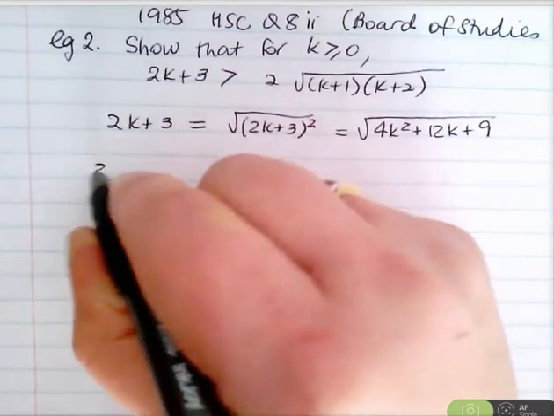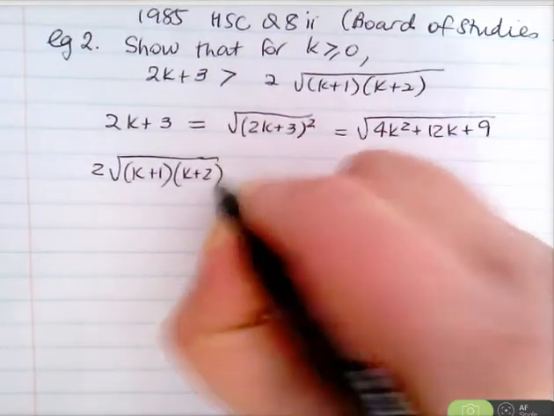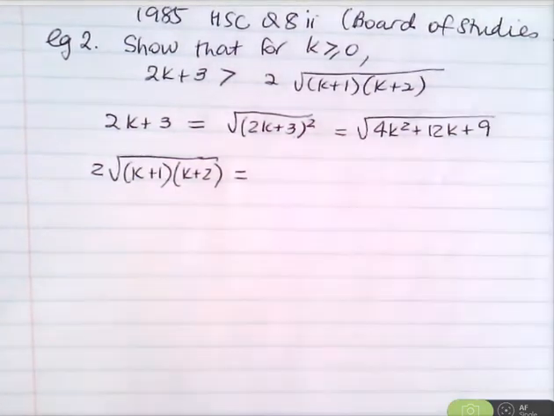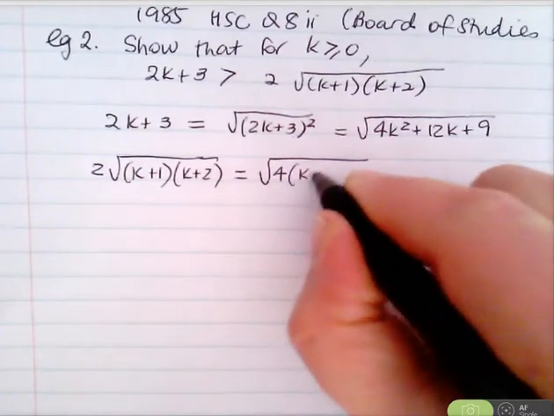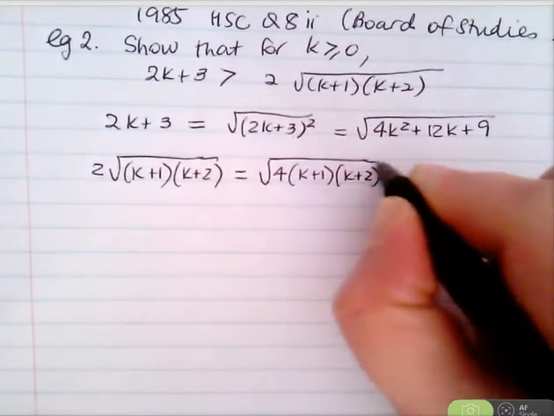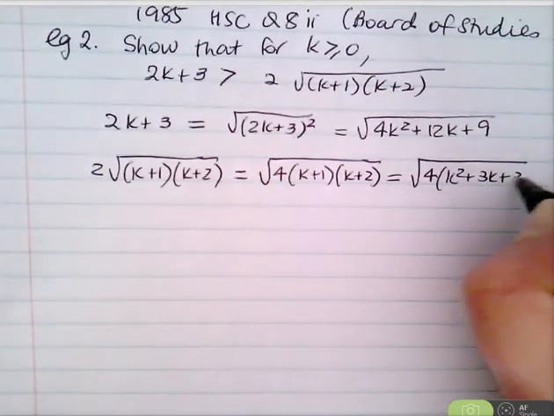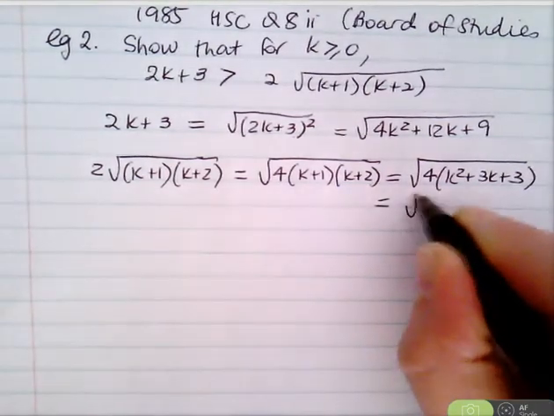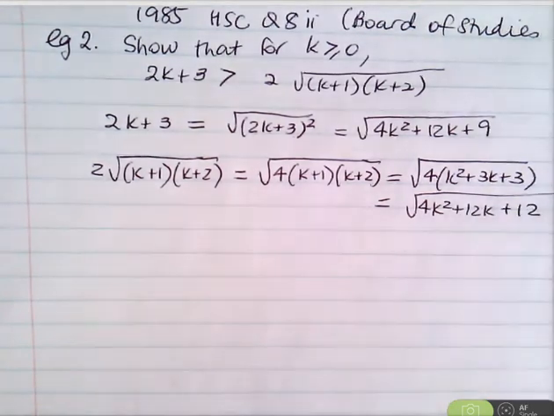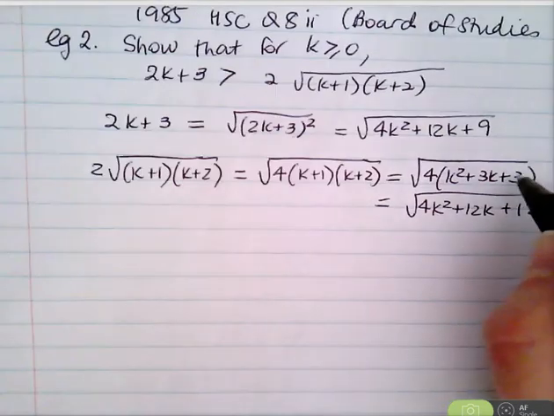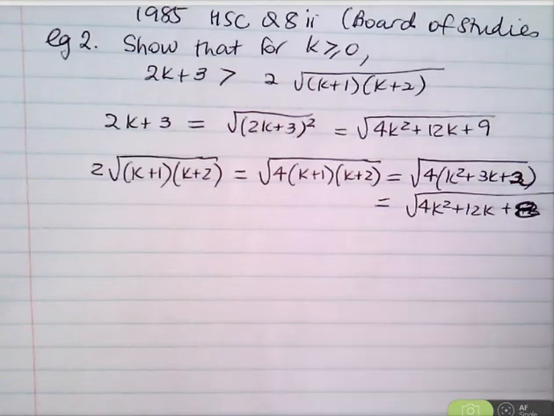And the right-hand side, 2 times the square root of k plus 1, k plus 2, is equal to, since 2 is the square root of 4, the square root of 4 times k plus 1 times k plus 2, which is the square root of 4 times k squared plus 3k plus 2, so 4k squared plus 12k plus 8. A little mistake there: that's a 2 in k squared plus 3k plus 2, and this here is an 8, which is why it wasn't working.